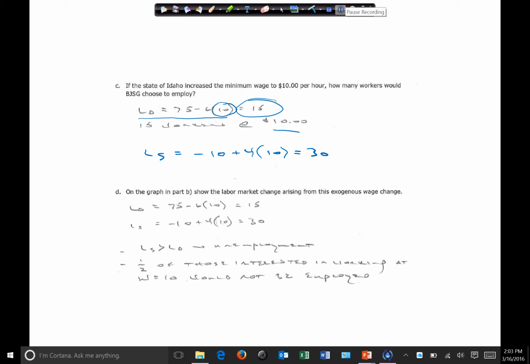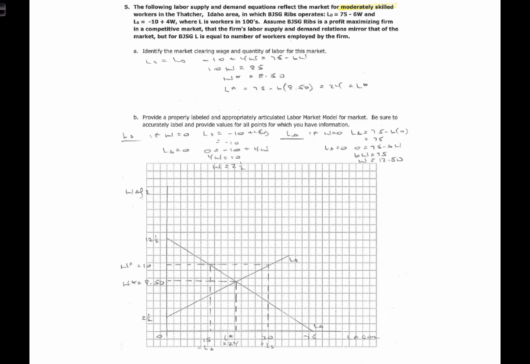So if we have labor demand at 15 and labor supply at 30, then we know we have some mismatch in the marketplace such that we end up with 15 people unemployed. As we look at the graph, notice that we can see this by imposing the wage of 10 in this graph, going ahead and bringing that across to a point where it intersects the labor demand curve and the labor supply curve, identify these values, and this then shows really the mismatch.